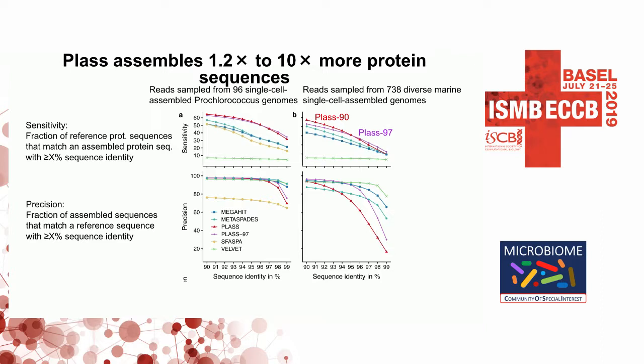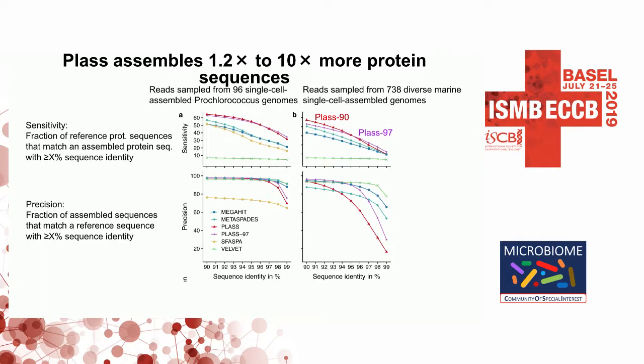So we look at first the sensitivity and then the precision. The sensitivity of these assembled protein sequences is the fraction of reference protein sequences, from these reference genomes, that match an assembled protein sequence with at least X% sequence identity, and this includes coverage.